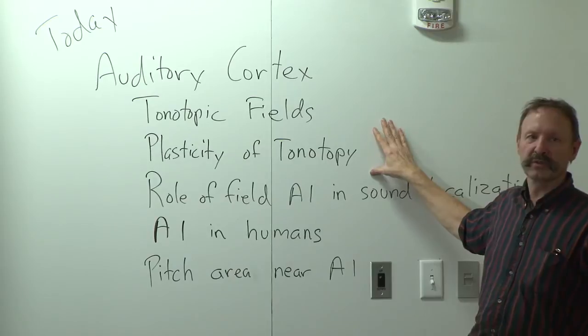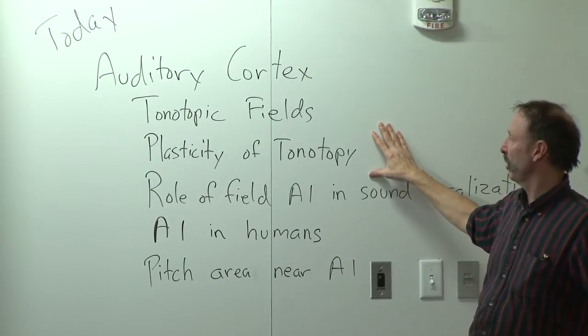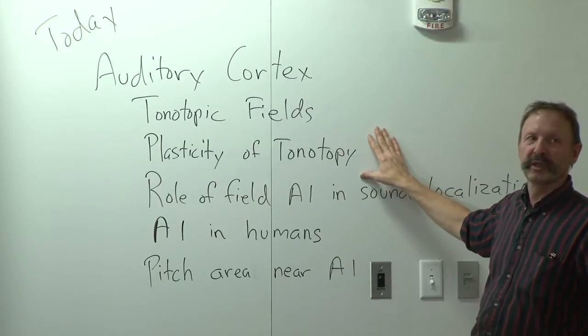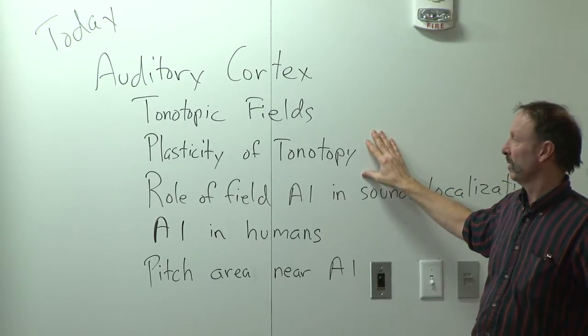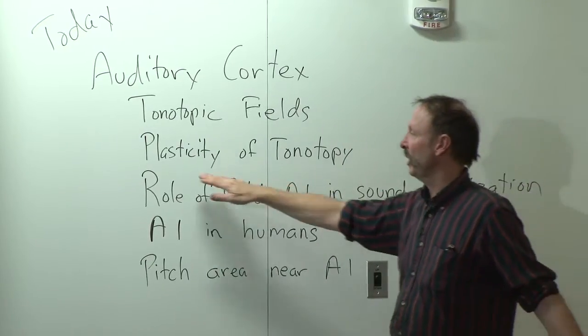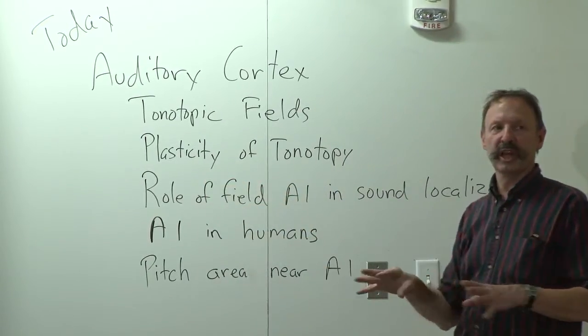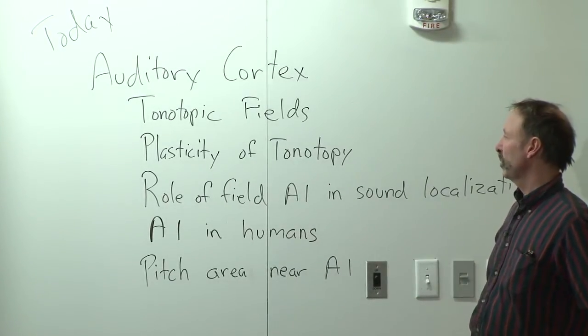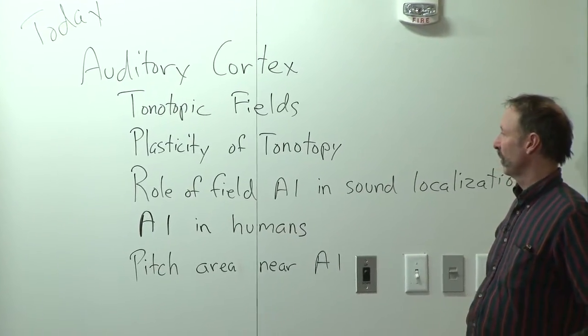There are some very interesting experiments where investigators have explored how changes in hearing can affect the tonotopic mappings in these fields, so that they can be plastic, they can be molded or shaped depending on experience. So we'll talk about that plasticity.